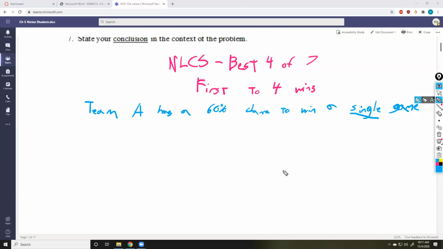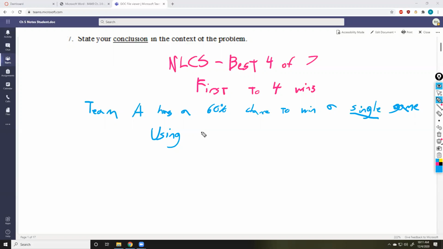It doesn't always have to go to game 7. So we're going to simulate this. I'll show the calculator first, but we're going to do the same idea for a random number table.